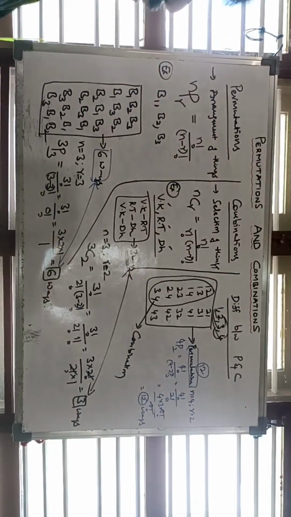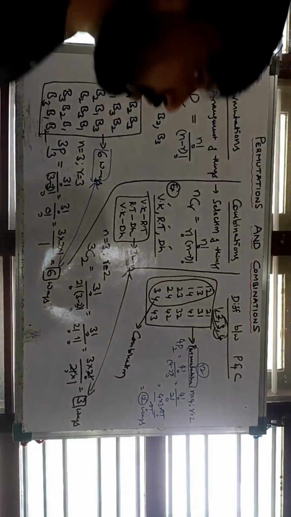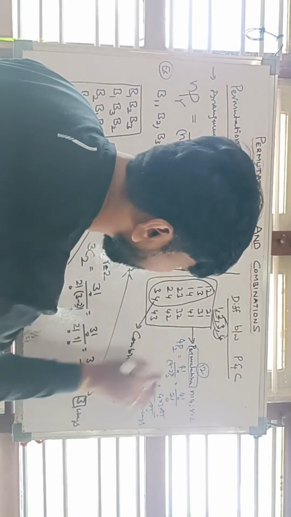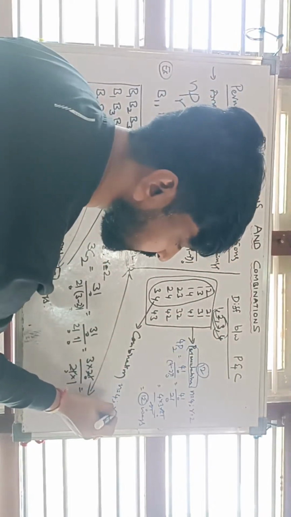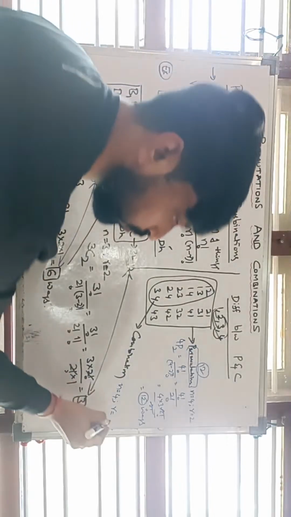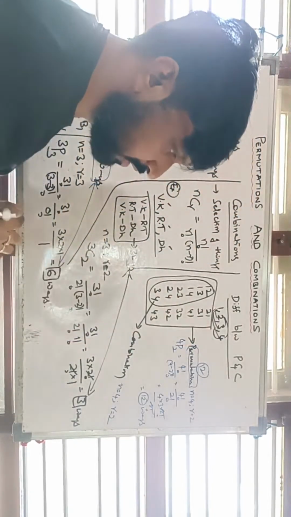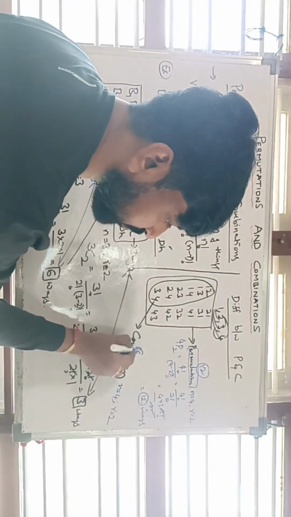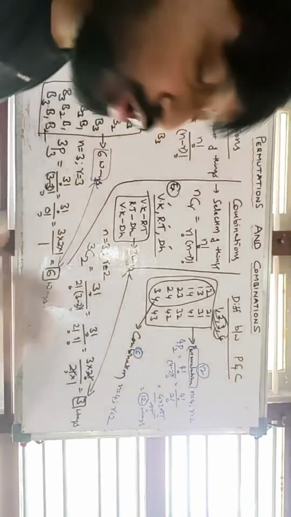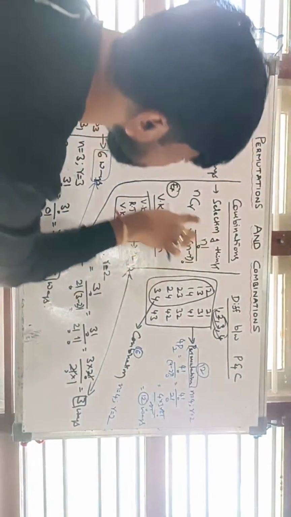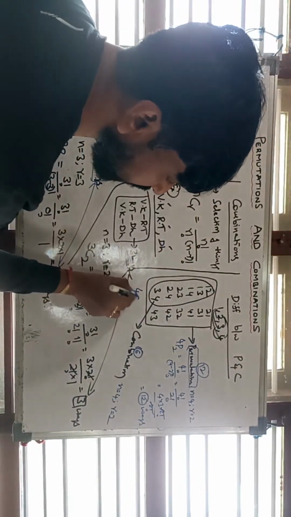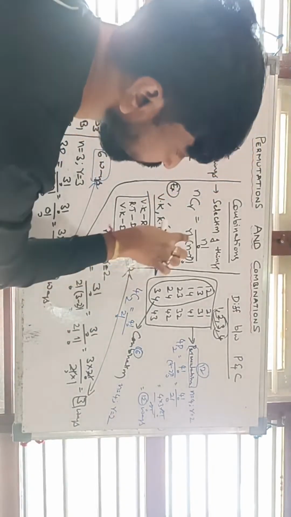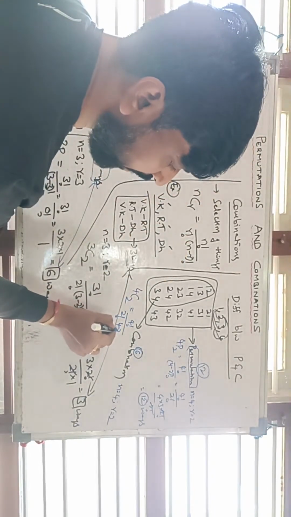Now let us come to combination. In the combination, n is equal to 4, because there are 4 letters, and r is equal to 2. We are choosing 2 letters. According to combination, we are getting how many cases? 6 cases. We'll see according to the formula how many we will get. The formula is NCR. NCR means 4C2, which can be written as 4 factorial by 2 factorial into 4 minus 2 factorial.